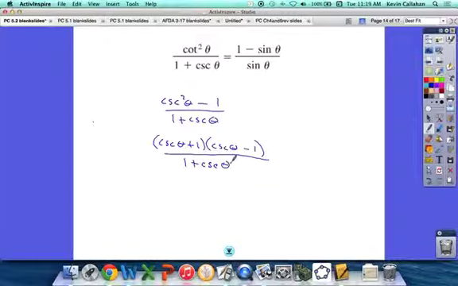Did we do everything all right? Cosecant squared minus 1. Okay, now we cancel this. So we got cosecant theta minus 1. Now that's still not that.